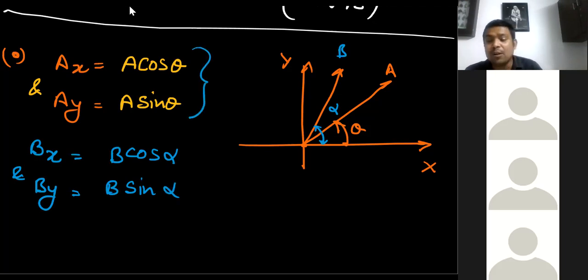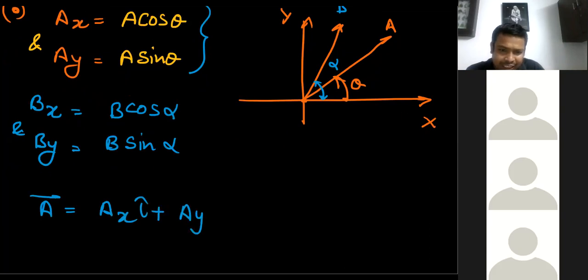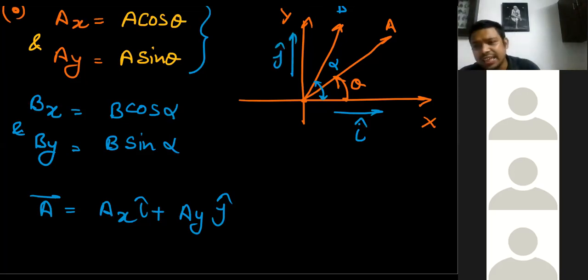Can you write this vector in the form of i cap and j cap? So vector A is equal to AX i cap plus AY j cap. Am I right or wrong? The x component is represented by i cap, and the y component is represented by j cap.